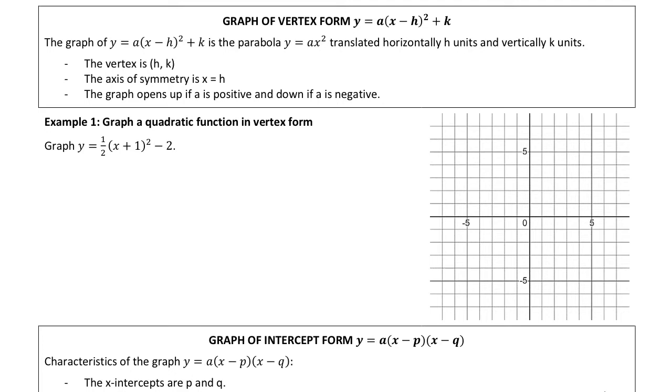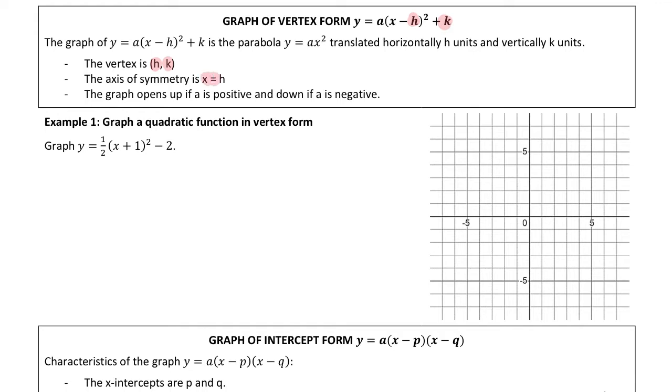The important part here is those values, h and k. Those tell us the vertex of our function, the highest or lowest point. And if we remember from our last lesson, the axis of symmetry is just the x value of the vertex.